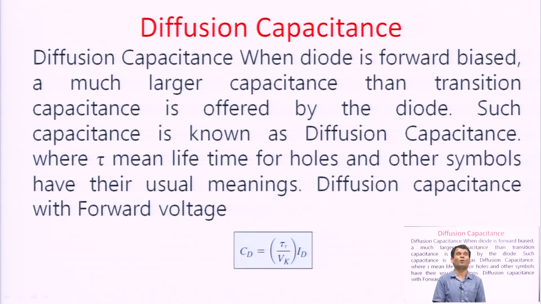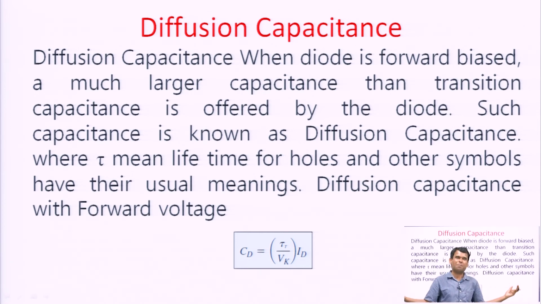This capacitive behavior is much larger than that of transition capacitance, and that is why it is called storage capacitance. Storage capacitance is proportional to the diffusion rate, that is, proportional to the forward current, the diode current, and also proportional to the relaxation time tau. If tau is greater, the majority carriers have to wait for more time, so they store for more time.